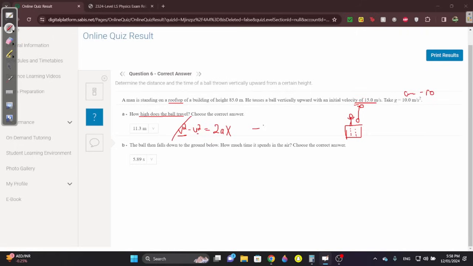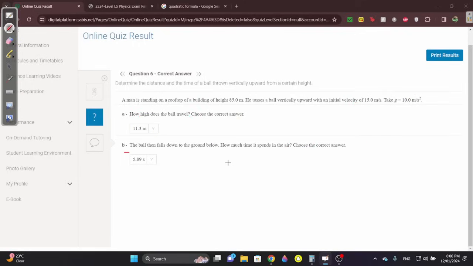So minus 15 squared equals 2 times acceleration. What's my acceleration? Negative 10. Negative 10 times x, which we're trying to find. Simplify it: negative 15 squared is negative 225, divided by 2 times negative 10, which is negative 20. You get 11.25. They want you to round it to get 11.3.